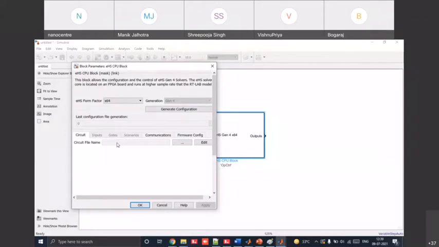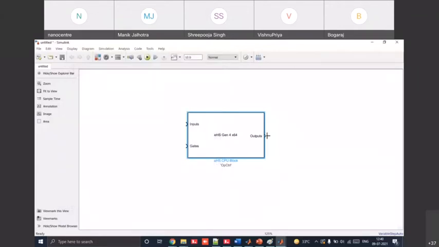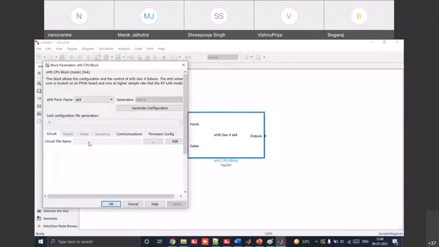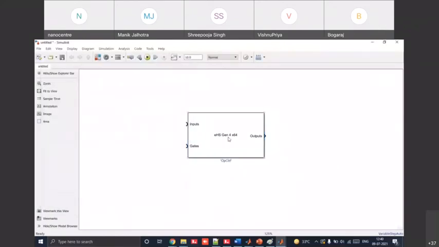It will automatically detect how many switches are present in your power electronic model, how many inputs there are, and how many outputs you want to measure. The entire information regarding the inputs, the gating pulses, and the outputs which we want to see will automatically come after we upload the circuit which we want to implement at a high switching frequency. So things are very easy when we work on the EHS platform.